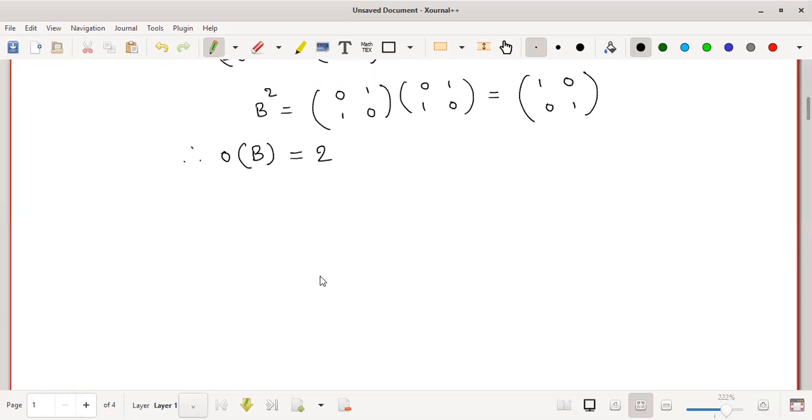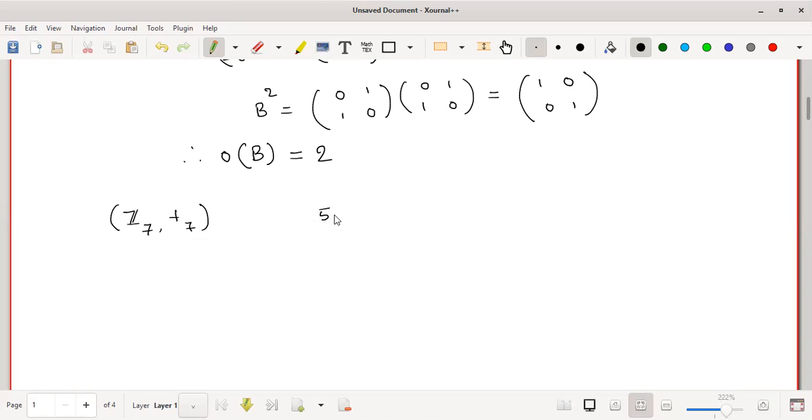But if you are working with a finite group, suppose I am working with a finite group, say Z7, addition modulo 7. Then let us find the order of element 5. 5 means actually the equivalence class of 5. So I am writing simply 5. That is understood, it is the equivalence class of 5 with respect to modulo 7.